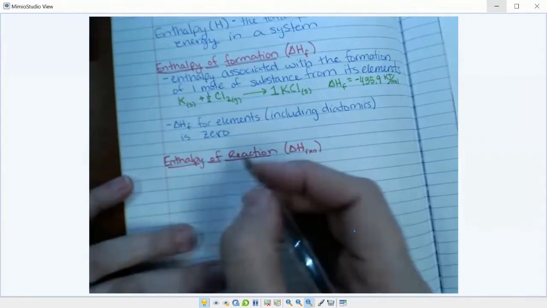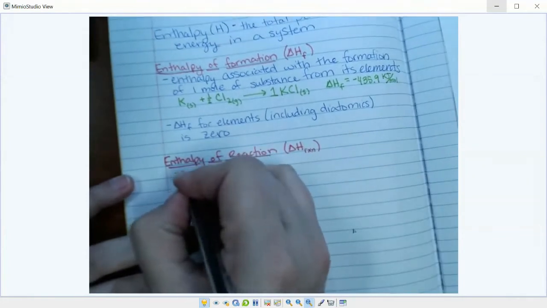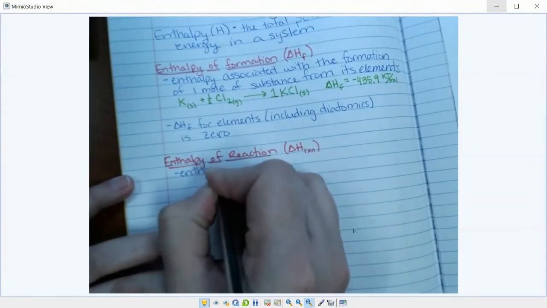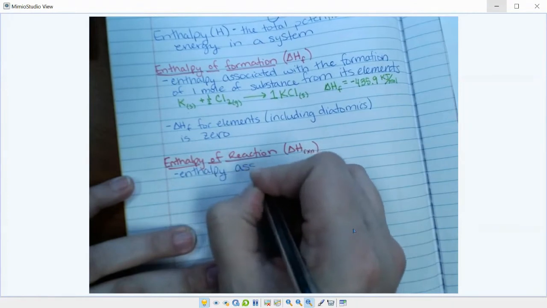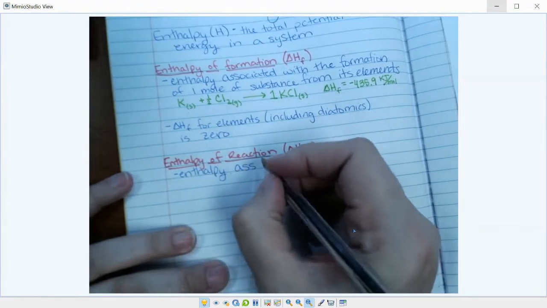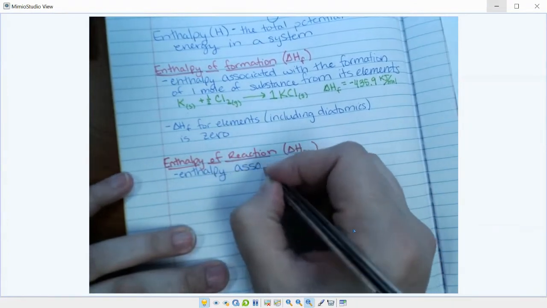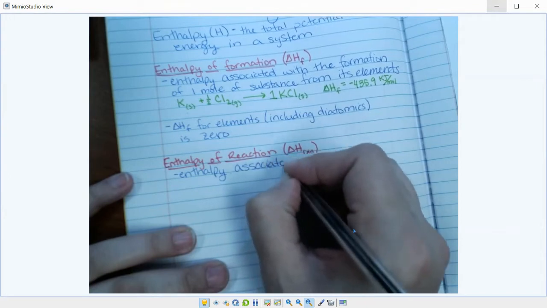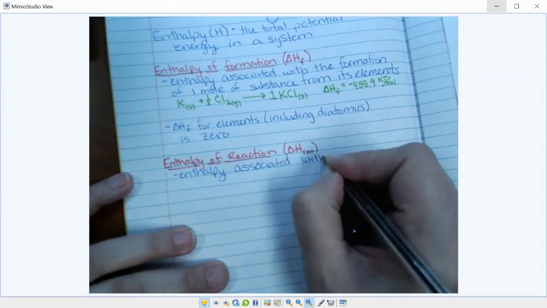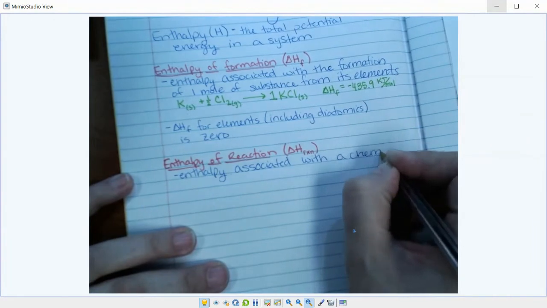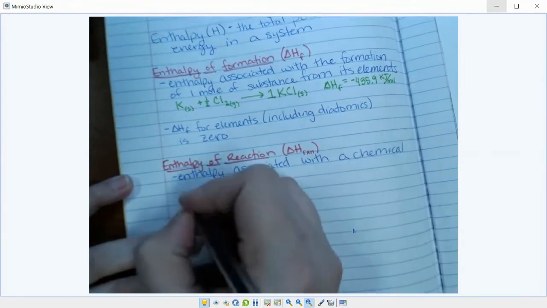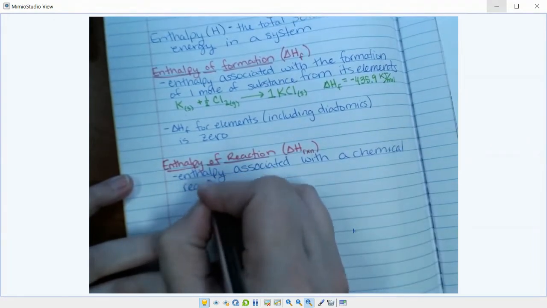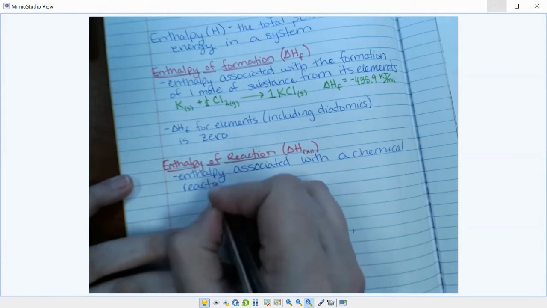And so what this is, it's the enthalpy associated with a chemical reaction that's taking place. So something going from its reactants to its products. Reaction. There we go.